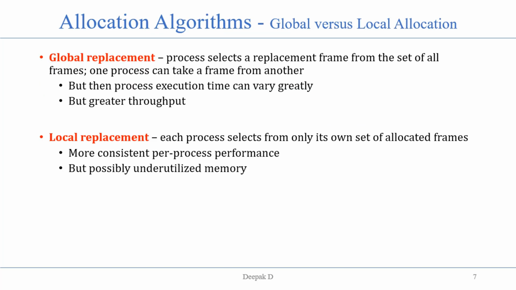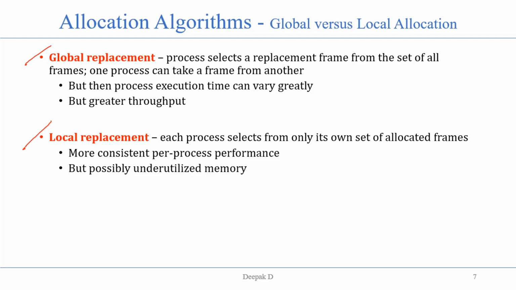The next topic is global versus local allocation. As you know, frames are allocated to the various processes by using page replacement algorithms and methods. When multiple processes are competing for the frames, these page replacement algorithms can be categorized into two categories: one is global replacement and the other is local replacement.